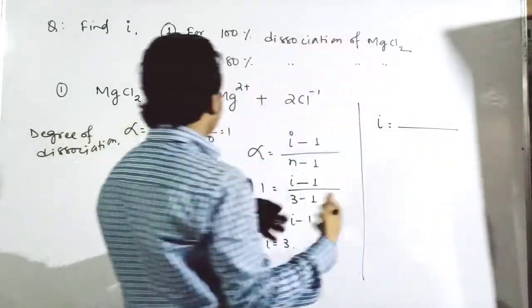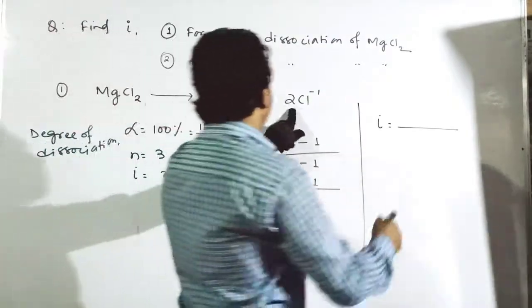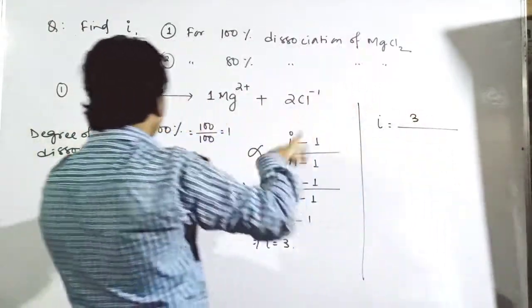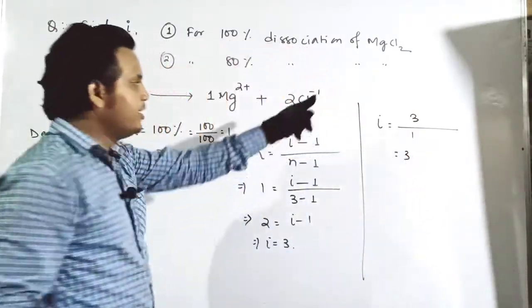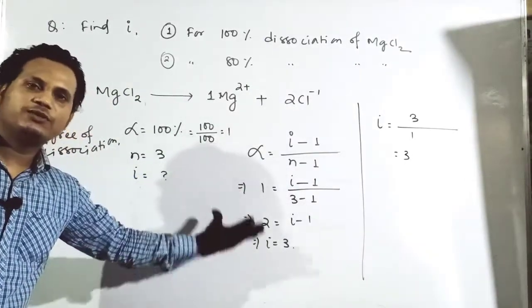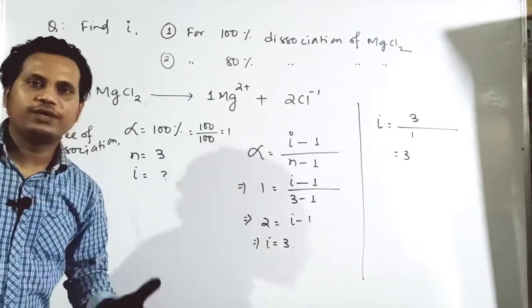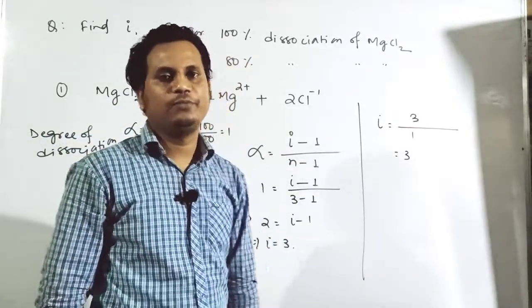Total number of moles of particle after dissociation, 1 plus 2, 3, by before dissociation, 1. Directly you can find from there, or by formula you can find. So this formula is also verified that it is right. Give the same answer. Okay.